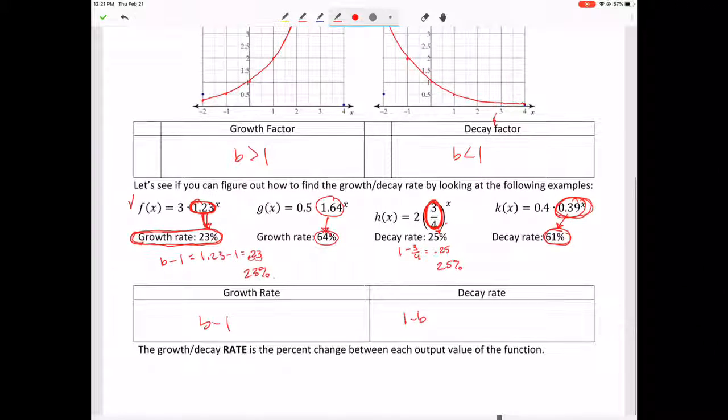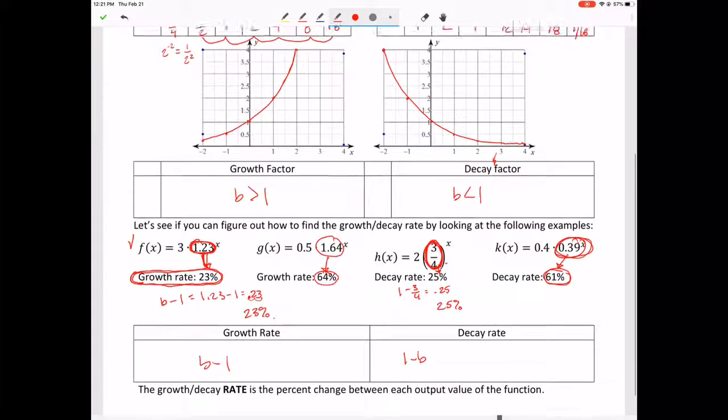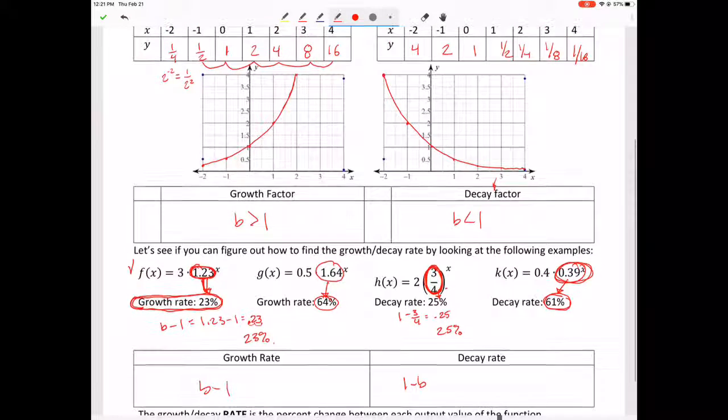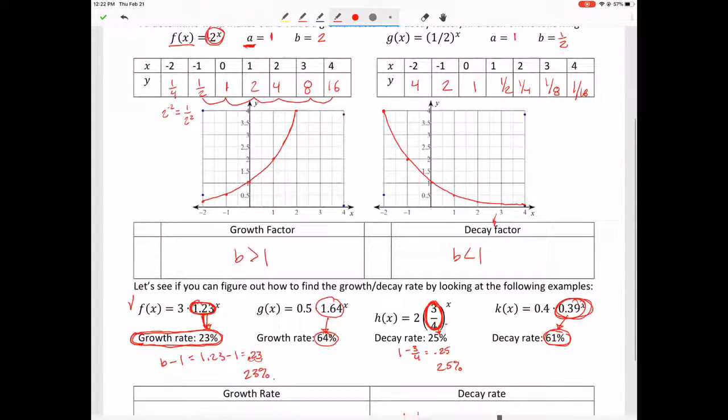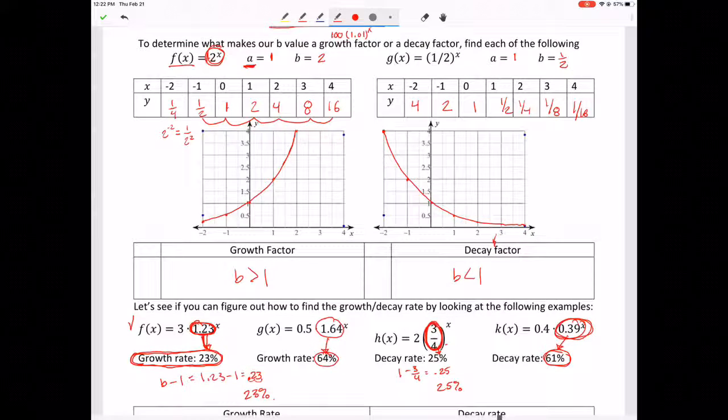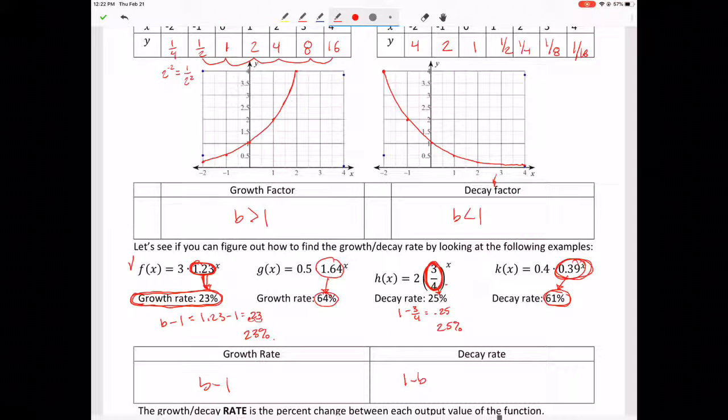All right, so pretty simple. Just remember the factor, the growth factor or decay factor, is just a number. It's not a percentage. Okay, it'll just be what is underneath the exponent. Okay, and then the rate is the difference between b and 1.